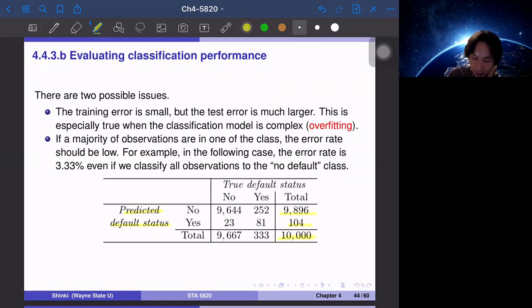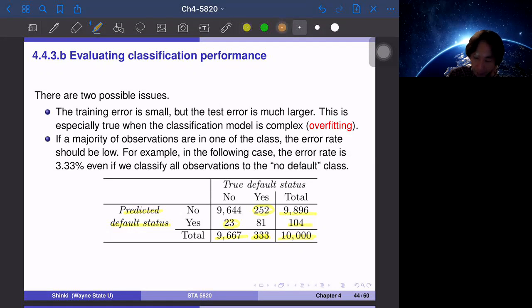And the truth is that we have 9,667 no default, and 333 people defaulted. And the error rate is actually 2.75%.